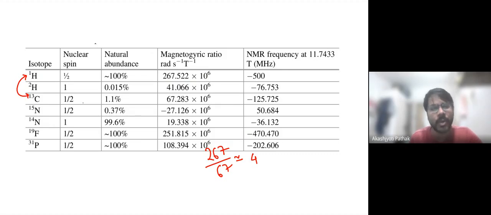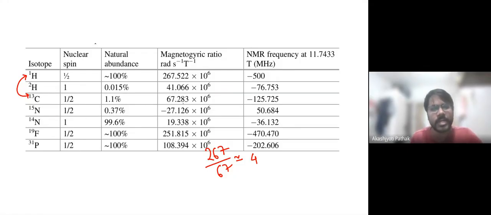If you know how the gyromagnetic ratios of these two nuclei are related, then you can directly calculate it. We will go through some of the questions in a later lecture, but for now, just remember that they differ by a factor of 4.